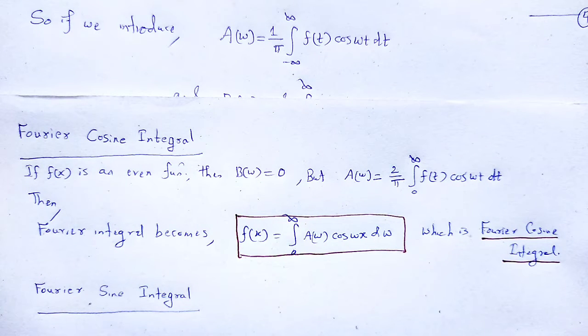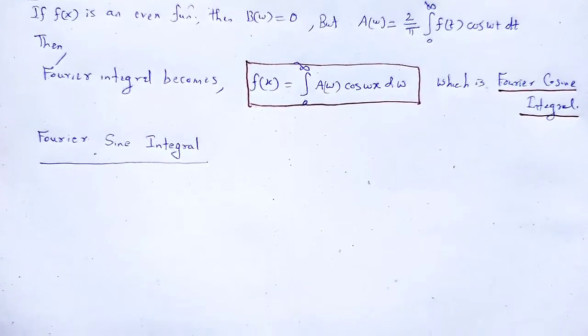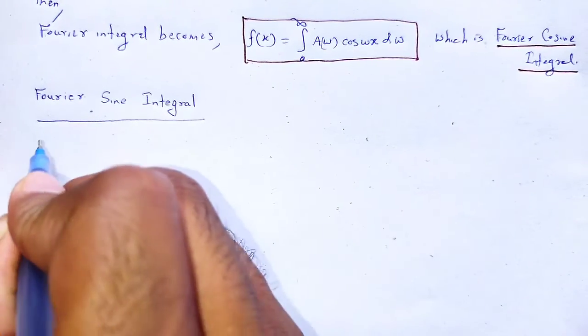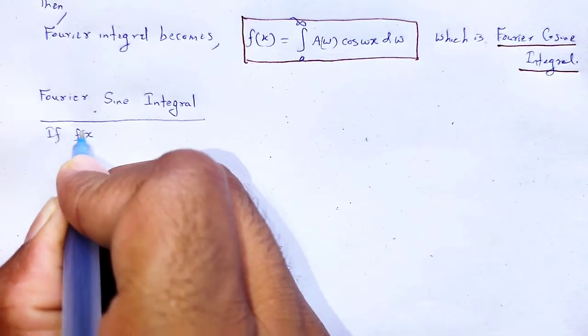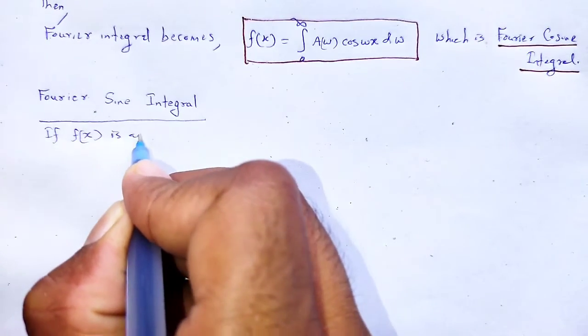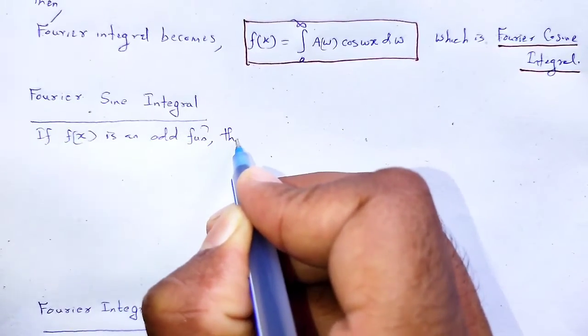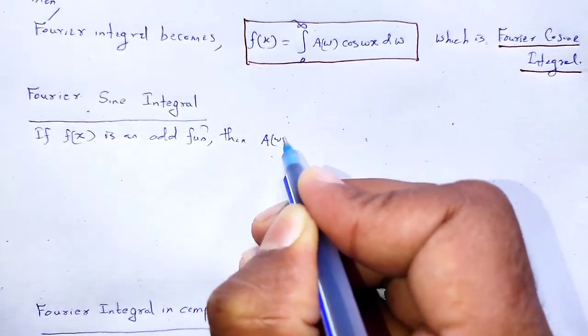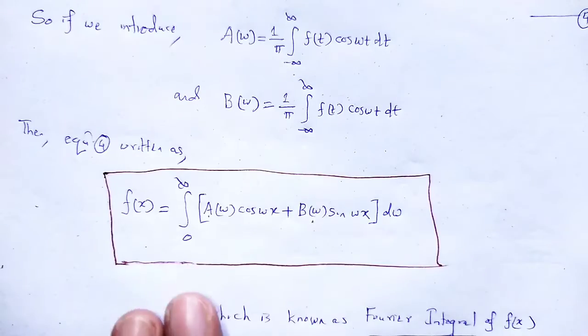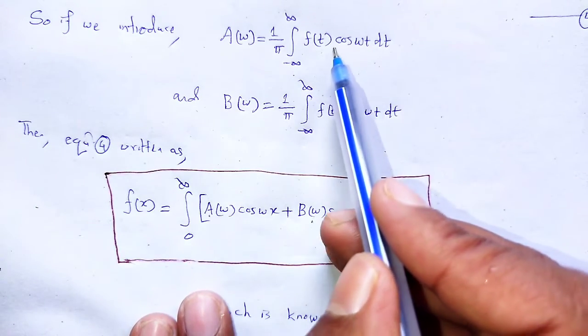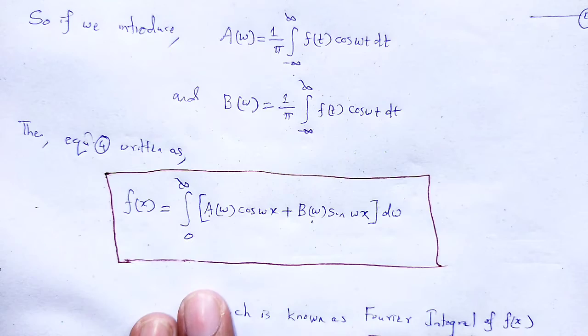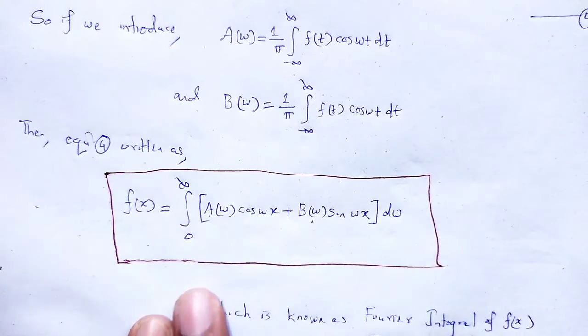Next, alternatively, if the given function is an odd one, what happens in that case? If f of x is an odd function, then a of omega will be 0. For an odd function, that constant term will be 0.